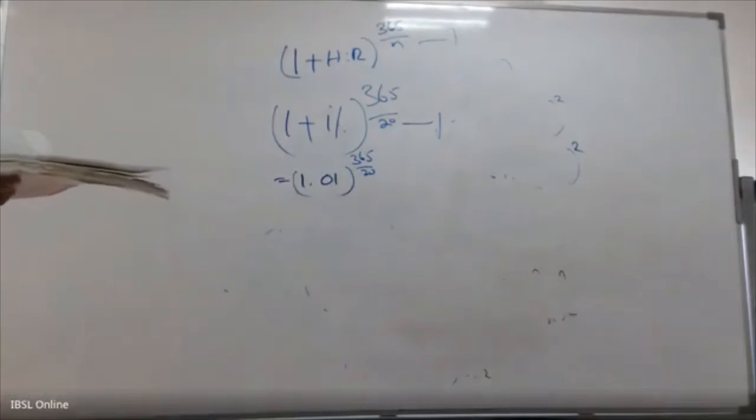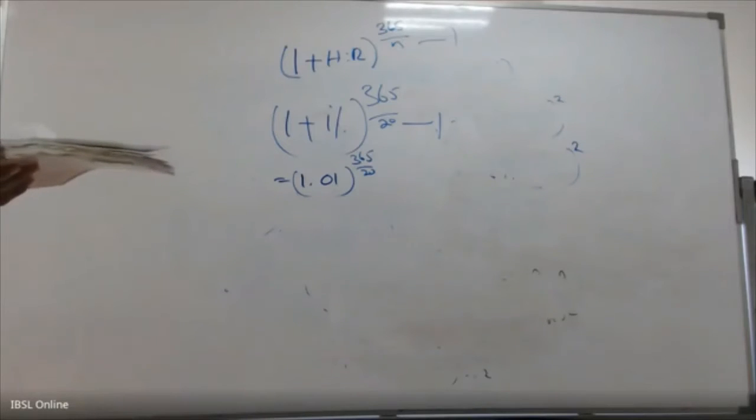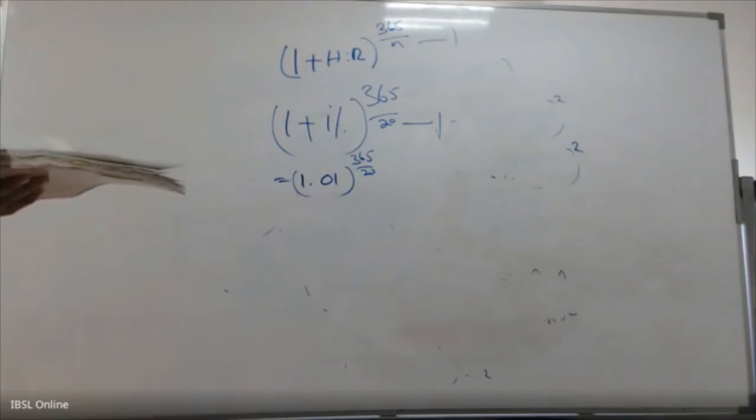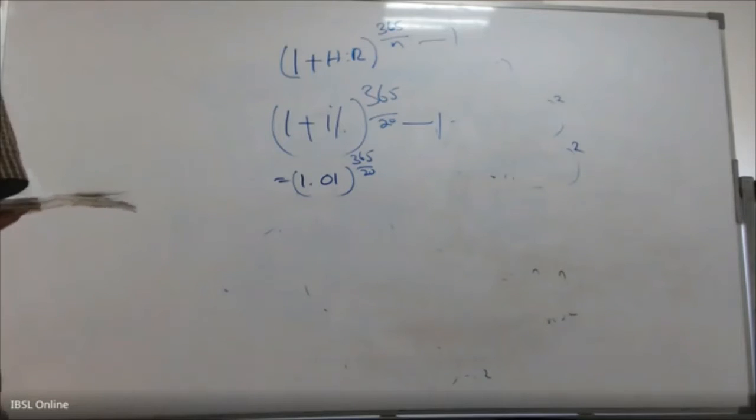365 divided by 20 is 18.25. So 1.01 to the power 18.25 minus 1 comes to 19.9%.